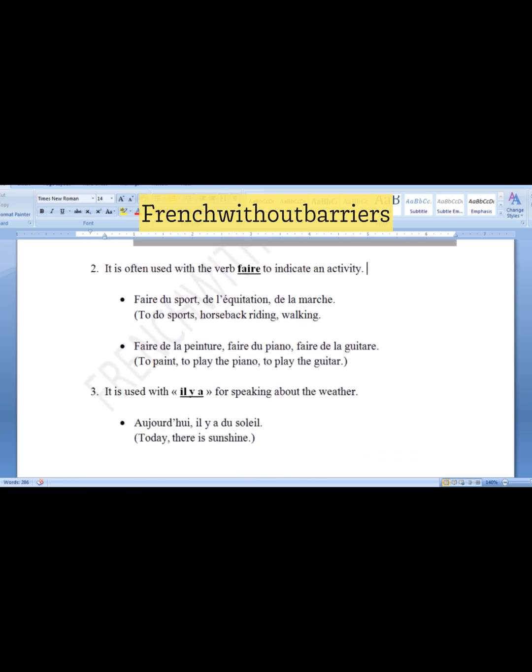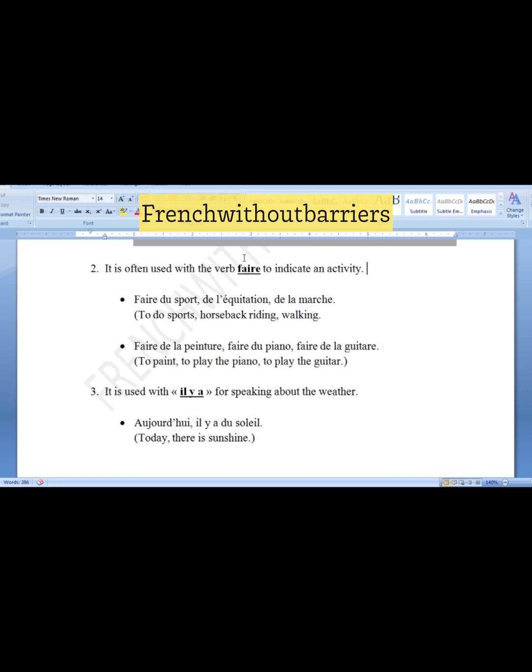Let's move to the second usage. The partitive article is often used with the verb faire to indicate an activity. Let's see an example. Faire du sport, de l'équitation et de la marche. Now guys, to do sports, horseback riding or walking.